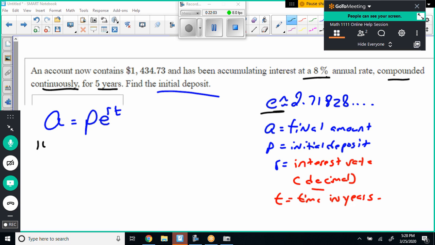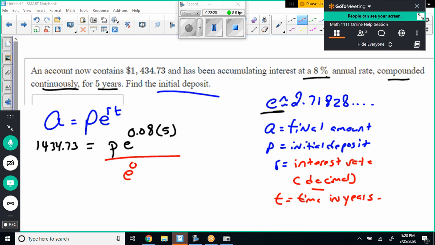So 1434.73 equals P times e to the rate, which is 0.08 times 5. And what we're going to do is divide by e to the 0.08 times 5, so this cancels.